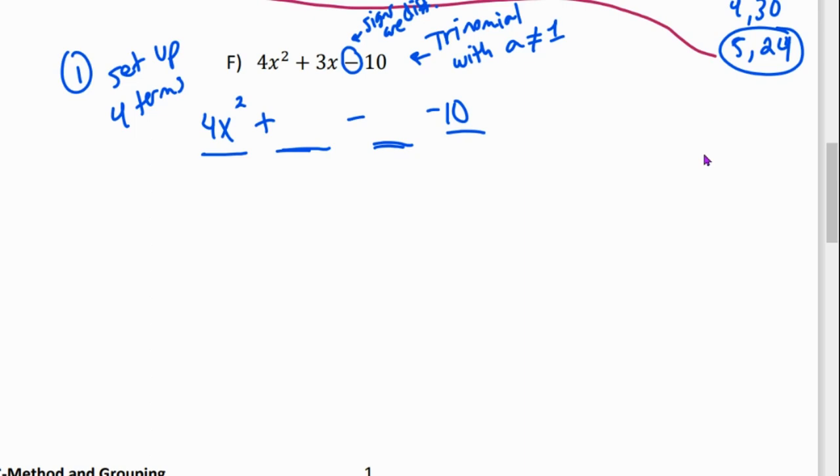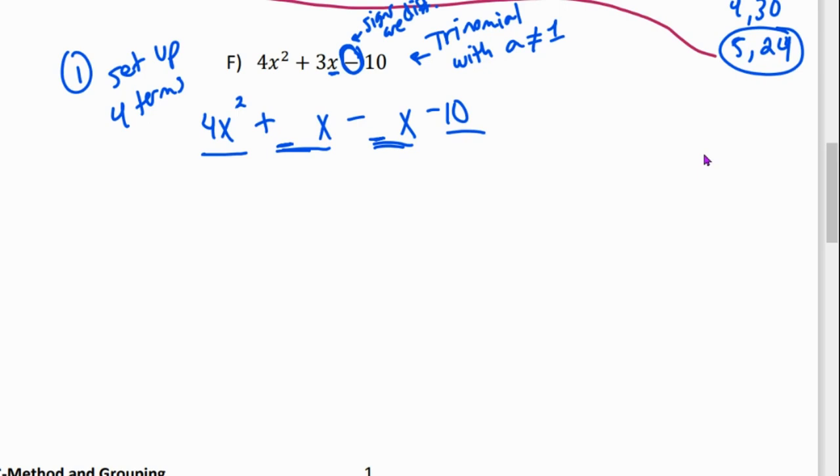It's because the C value is negative that these 2 signs are different. Now we're going to have to figure out what numbers go here, and we'll do that in just a second. But the middle term also has an x. So whatever the variable is for this middle term should also be part of these 2 terms. So we can set up that much without having to worry about the numbers yet. Okay? Any questions on that? Does that make sense?